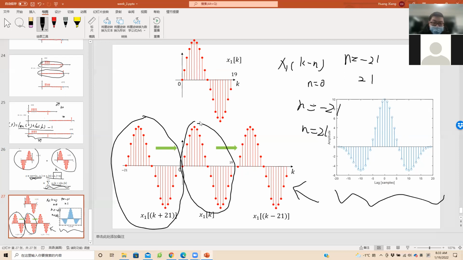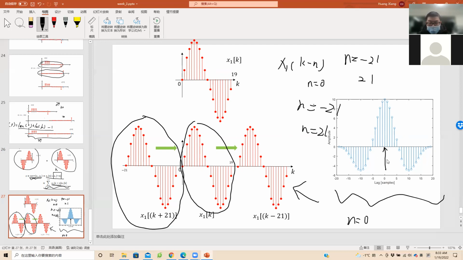You can see when n equals 0, we get the maximum value here. Maximum value means both signals are perfectly matched. Since they are perfectly matched, when you do the product and the summation, you find the maximum value.